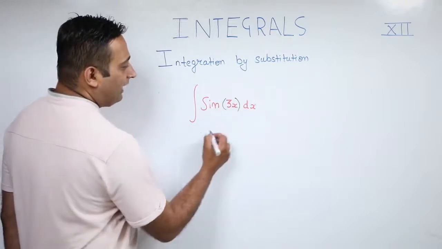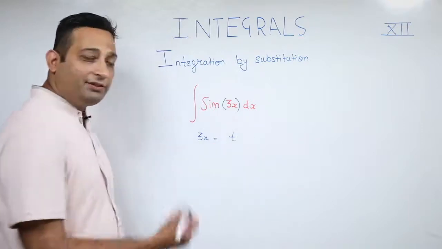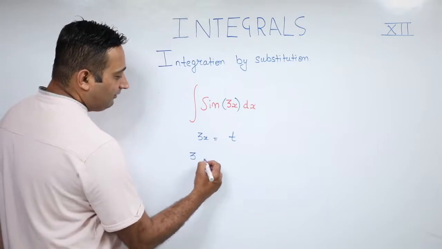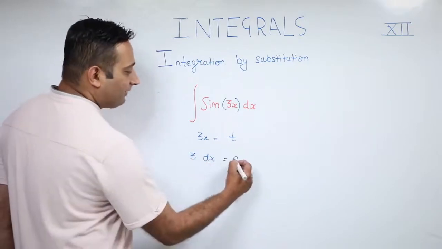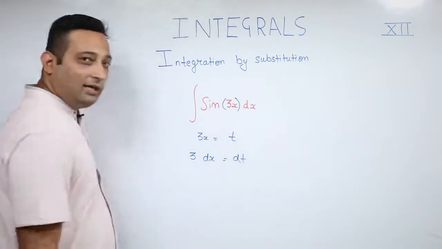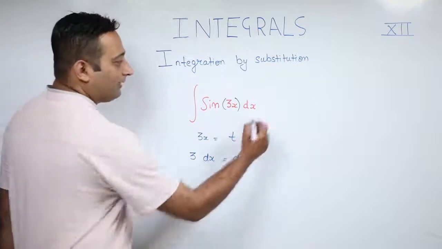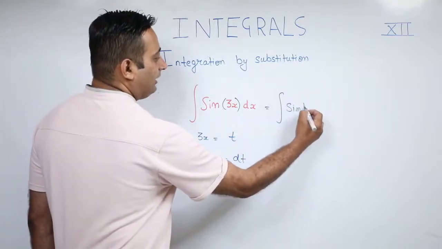We will put 3x is equal to t and we'll differentiate both sides. Now, the derivative of 3x is 3, we'll write dx along with this, and the derivative of t is 1, we'll write dt along with this. Now, we'll substitute this complete part in the question. That will give us sine t.